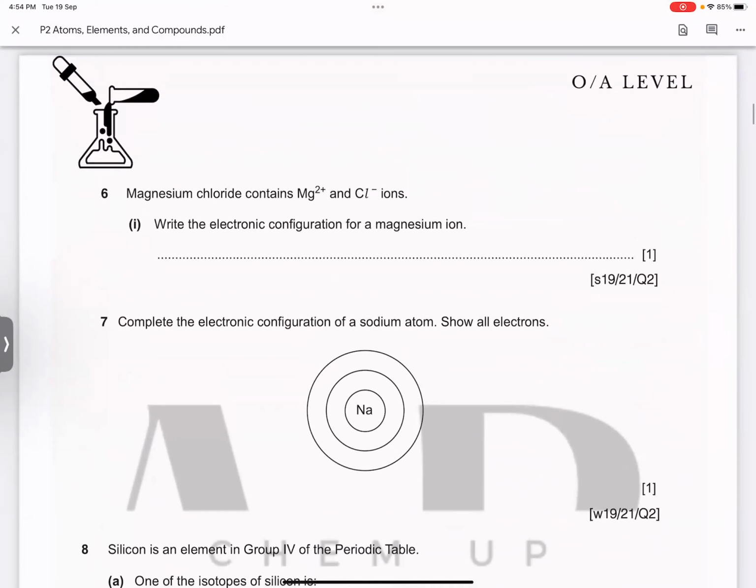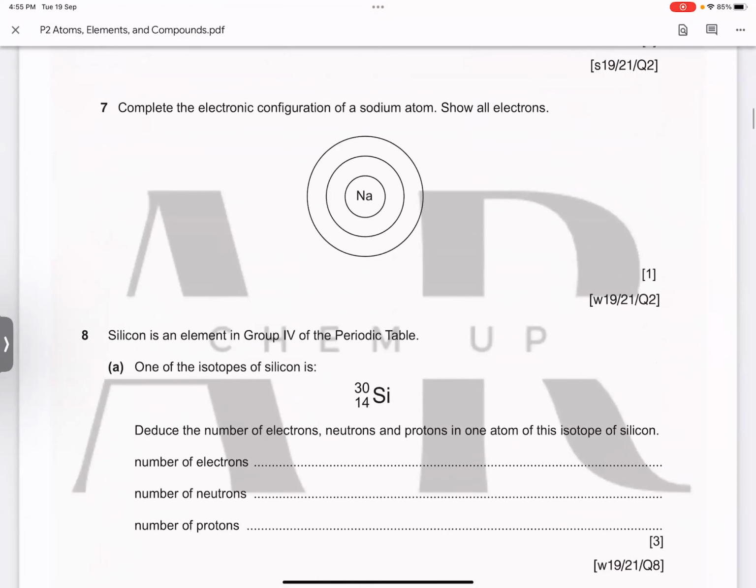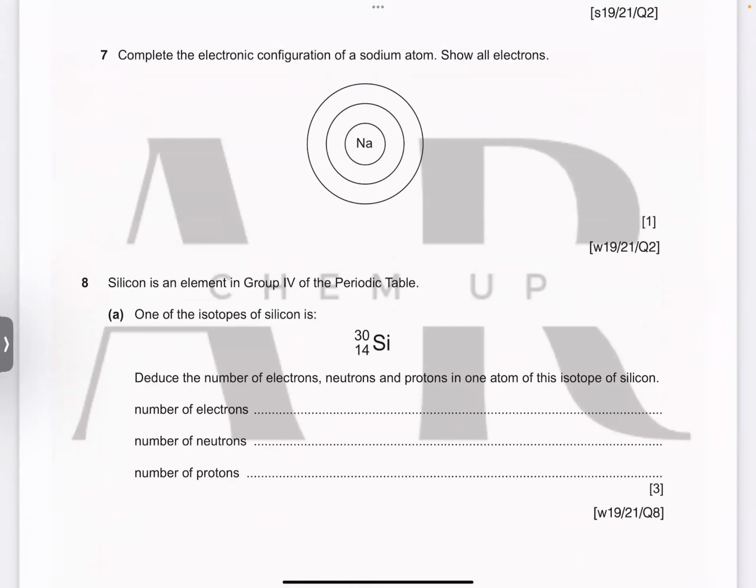So here, instead of writing the electronic configuration, you just have to put the electrons in each atom by putting dots or crosses. Here you have to find the number of electrons, protons, and neutrons. So how many protons are there, Sania? How many electrons? 14.